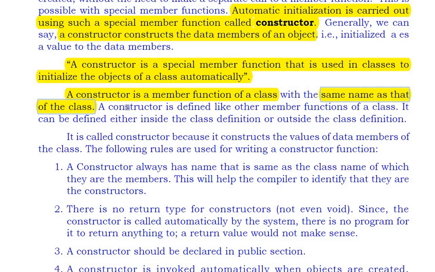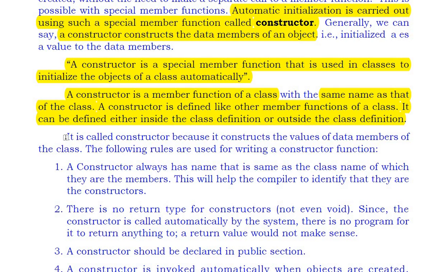A constructor is defined like other member functions of a class. The body of the constructor function is defined like a normal member function, and it can be defined either inside the class definition or outside the class definition. So the body of the constructor function we can write inside the class body or outside the class body, both are possible.